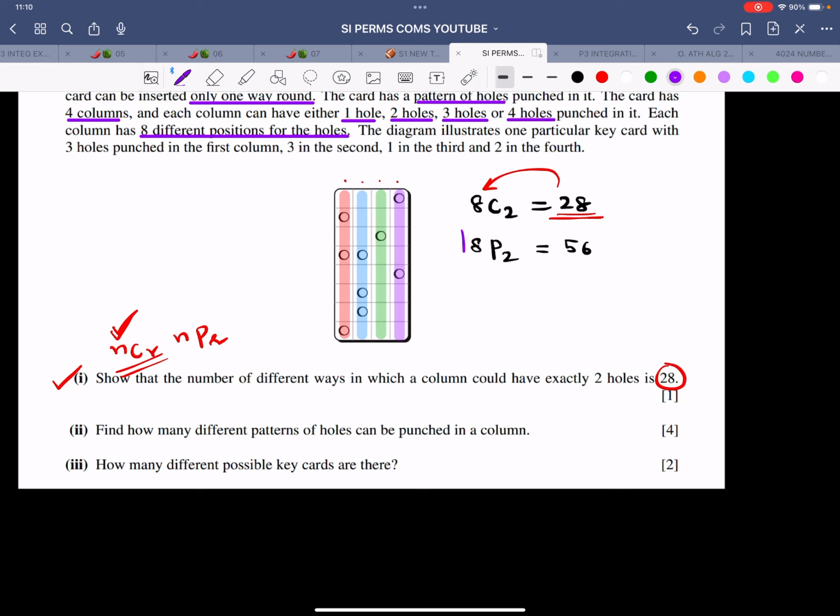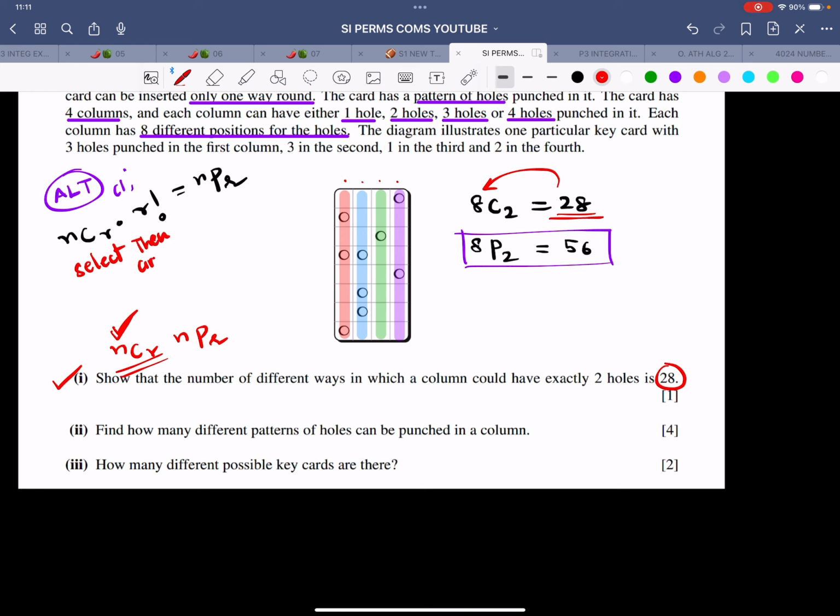Now, if someone persists on saying no, it's about arrangement, it could be a permutation question. How would you rationalize the idea? So you would say, okay, we know this concept that nCr times r factorial is nPr. That means first select, then arrange the selected things. Isn't that the same thing as nPr? That is permutation. The answer is yes.